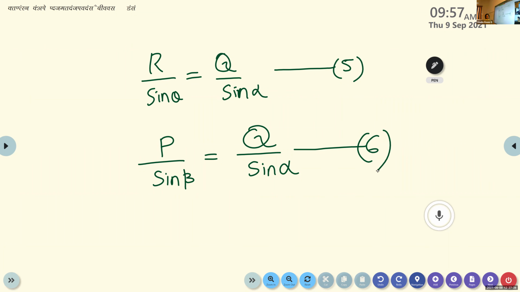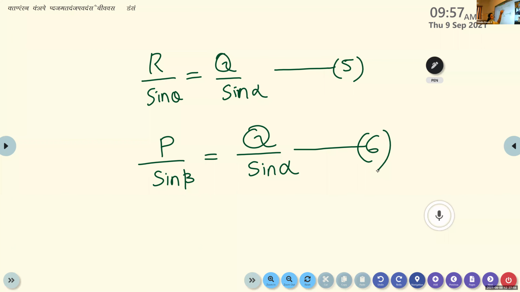So what is the speciality of these equations? Is anything common? R by sine theta is equal to Q by sine alpha, and P by sine beta is equal to Q by sine alpha. What does this indicate? From equations 5 and 6, we can say that both R by sine theta and P by sine beta are equal to Q by sine alpha.